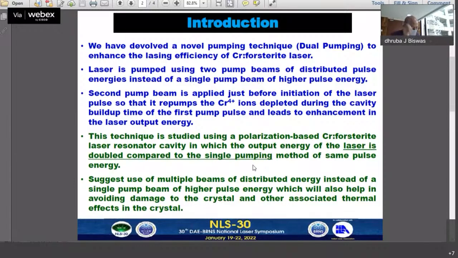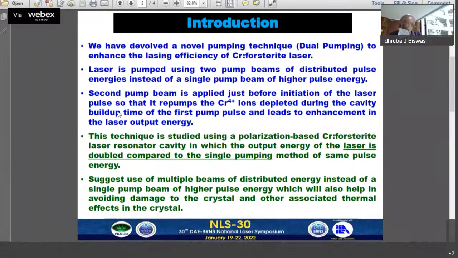The gain medium is initially pumped with a low energy pump pulse, and the second pump pulse is applied just before initiation of the laser pulse, that is, at the cavity buildup time. The population depleted during the cavity buildup time after the first pump pulse is repumped to the upper laser level, which leads to enhancement of the output laser.